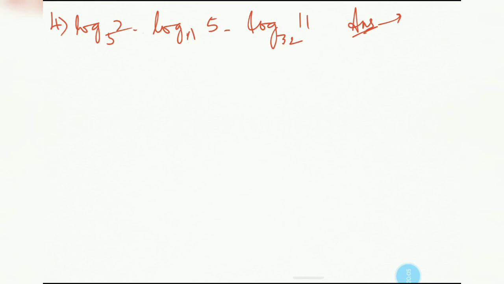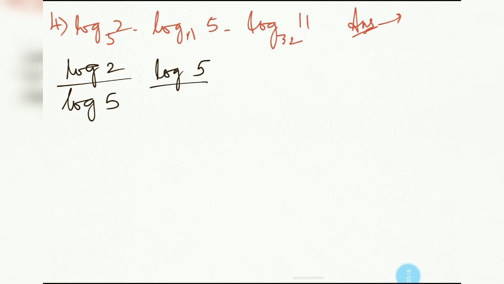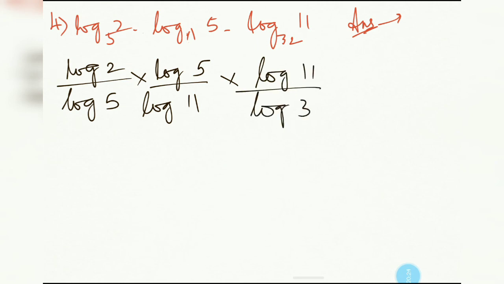So log 2 divided by log 5 multiplied by log 5 by log 11 into log 11 by log 32. Understood? Now log 5 will get cancelled, log 11 will get cancelled.